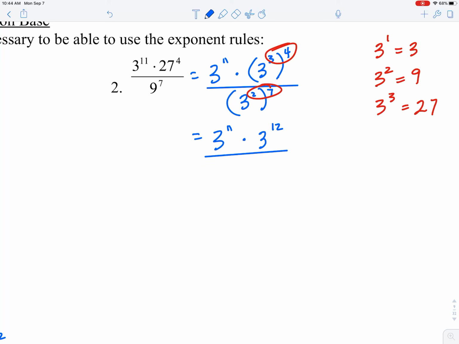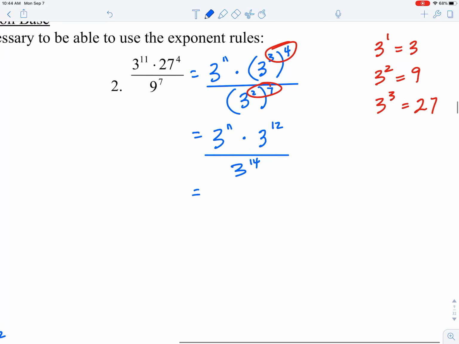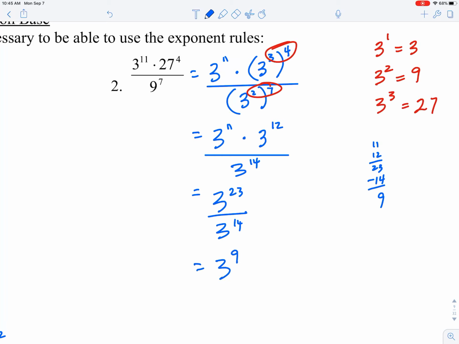So we're going to be adding those over 3 to the 14. If I add 11 and 12, that gives me 23. So I get 3 to the 23 over 3 to the 14. And now if I subtract away 14, I get 9. So overall, I get 3 to the 9.